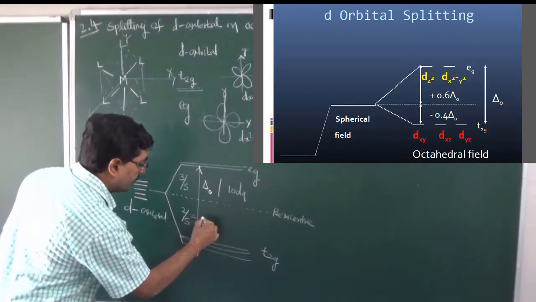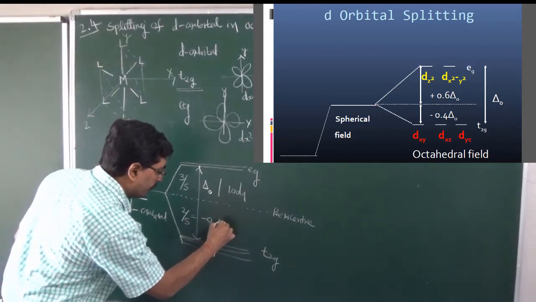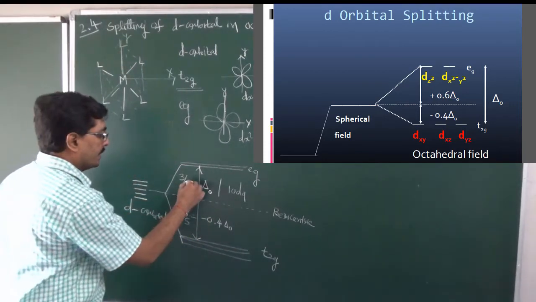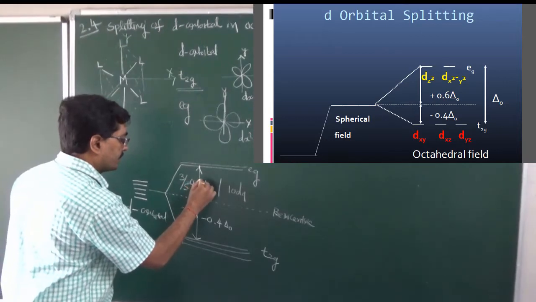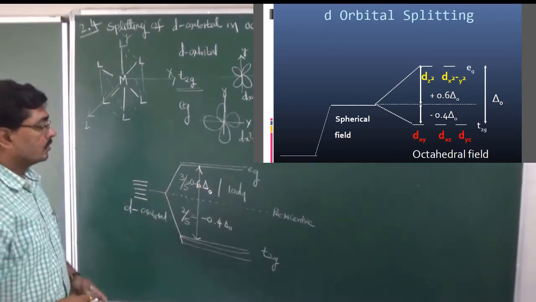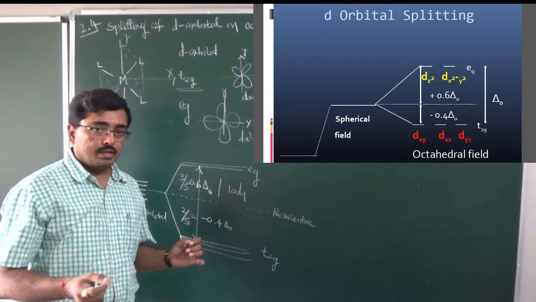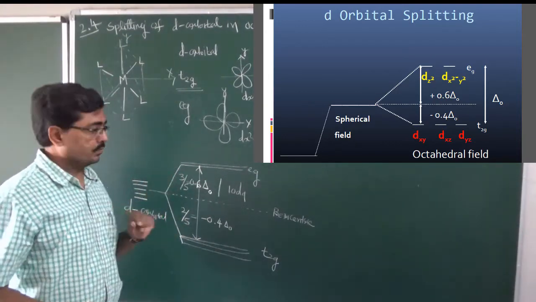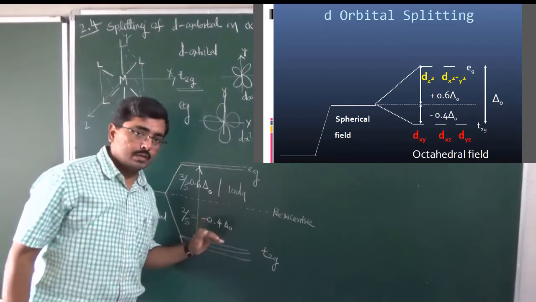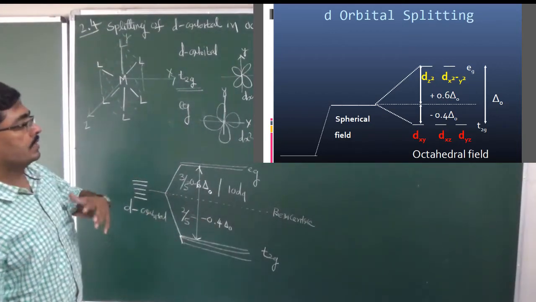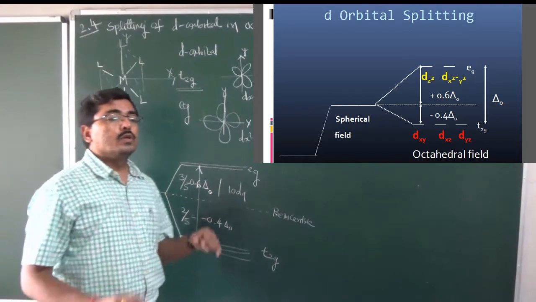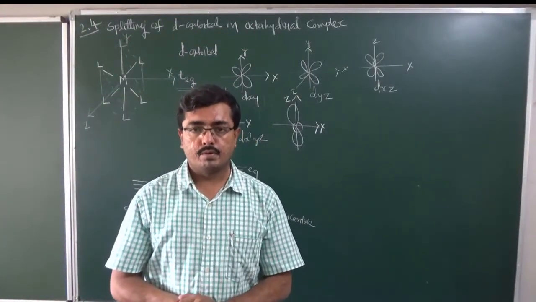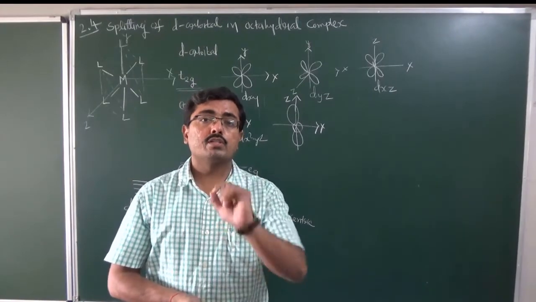We can write it as minus 0.4 delta O decrease, and the increase is 0.6 delta O. So the d orbital splits into T2g and Eg, the energy of T2g is decreasing and the energy of Eg is increasing. Due to this, a change occurs in the energy of the complex compound.